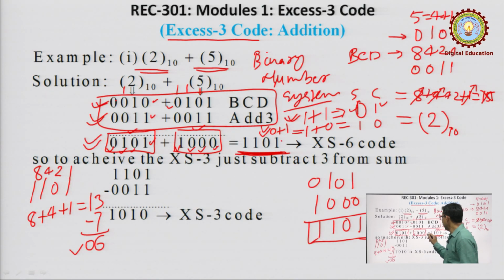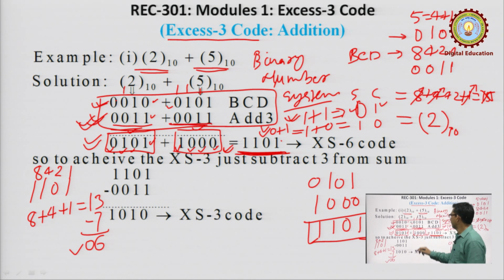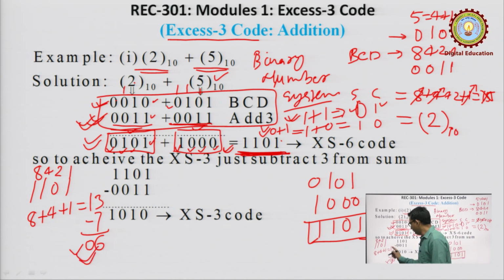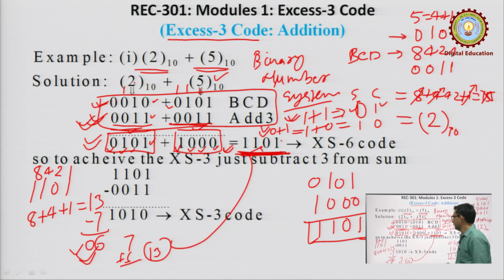It means this is the Excess-6 code, and we can verify from here we have added 3 two times, 1 time in the 2 and second time in the 5. It means we have added the 6 in this question. So, that is why this is not the Excess-3 code, we are getting the Excess-6 code, and that is the right answer. If we add the 7 plus 6, we are getting 13, and this is our answer here.